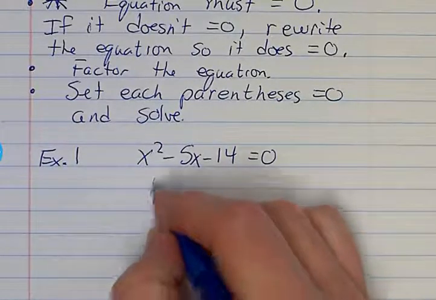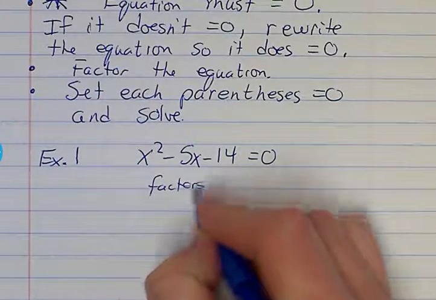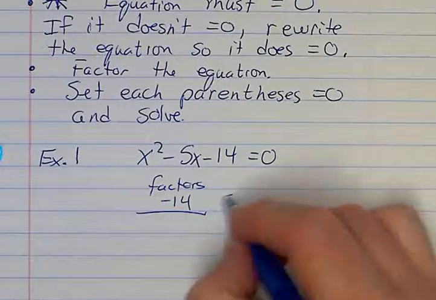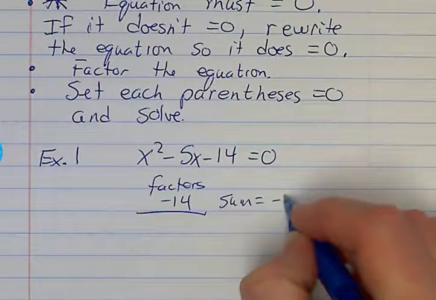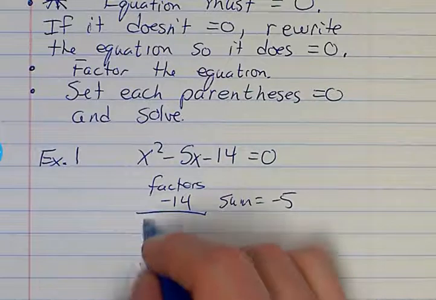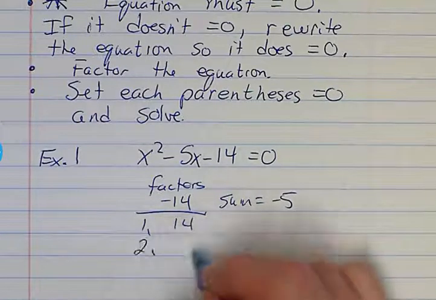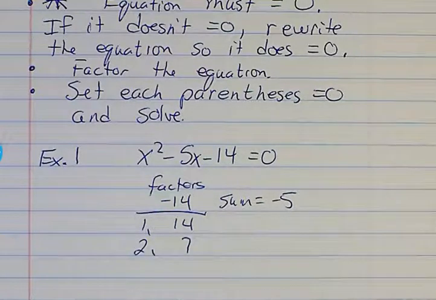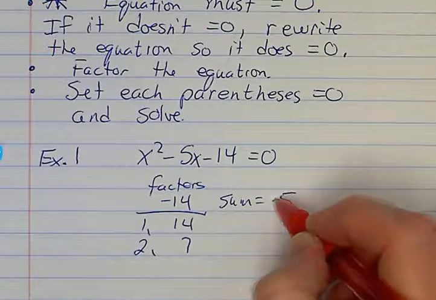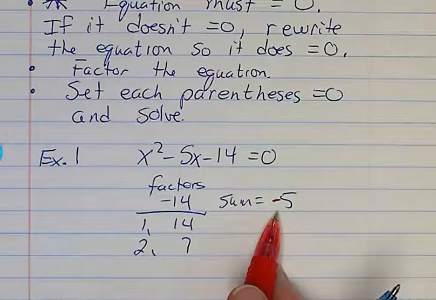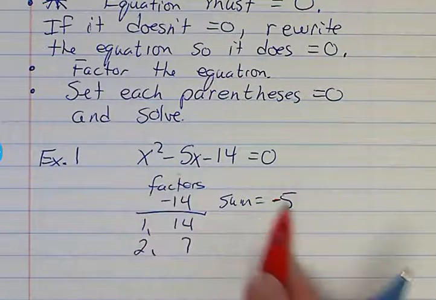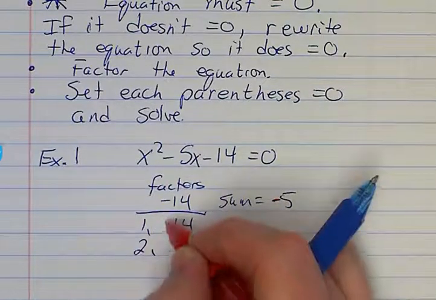So you're looking for the factors of negative 14, where the sum is going to equal negative 5. Okay, and with 14, there's only two choices. It's either 1 and 14 or it's 2 and 7. Now, the same thing is going to be true. Whatever the sign is of the number we're looking for the sum, the B term, that sign has to go with the bigger number.